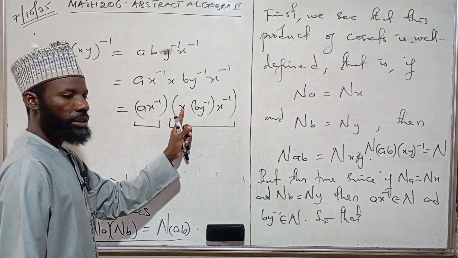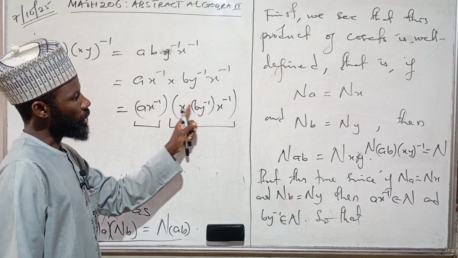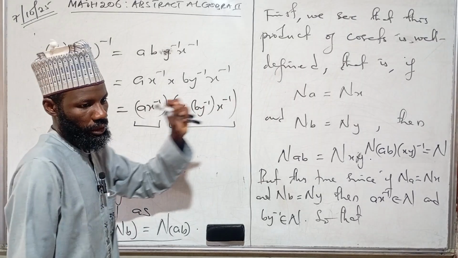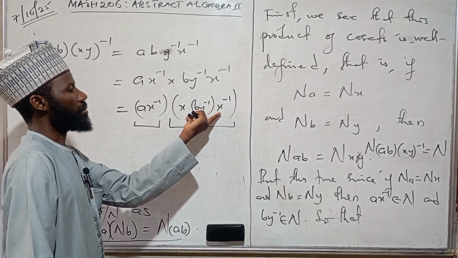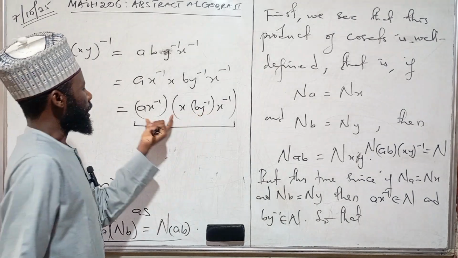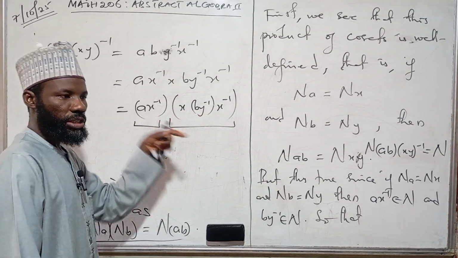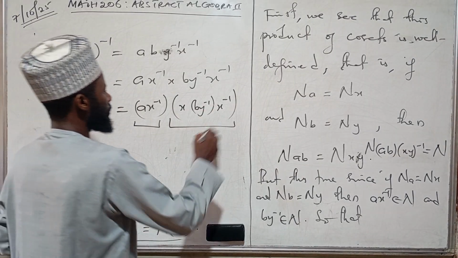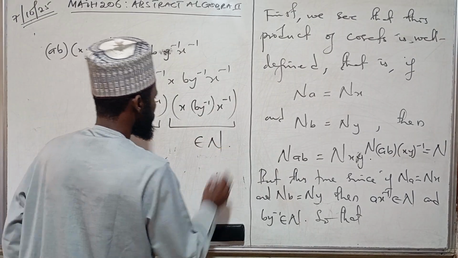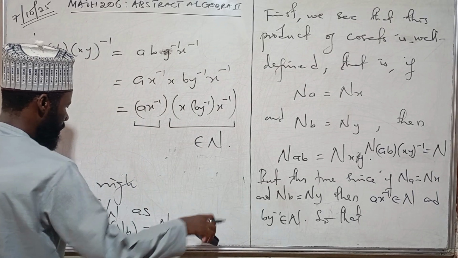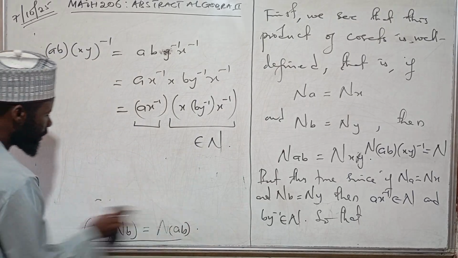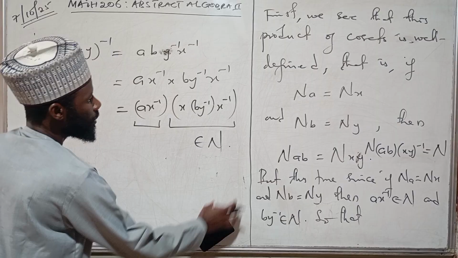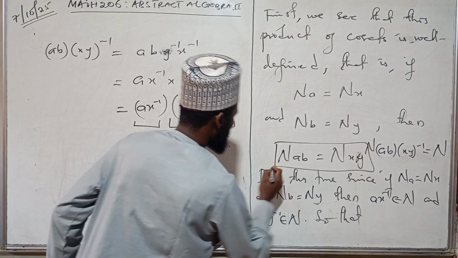So for all g in G and for all n in N, g n g inverse should be in N. So since this is in N, by normality of N, then the product of two elements of N will still be in N because N is a subgroup. So this result we obtain to be an element of N. So therefore the product here is true.